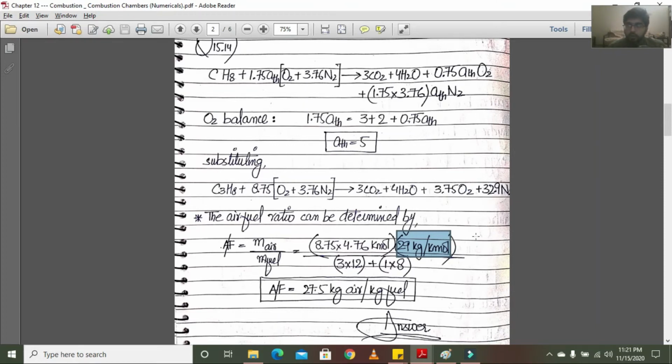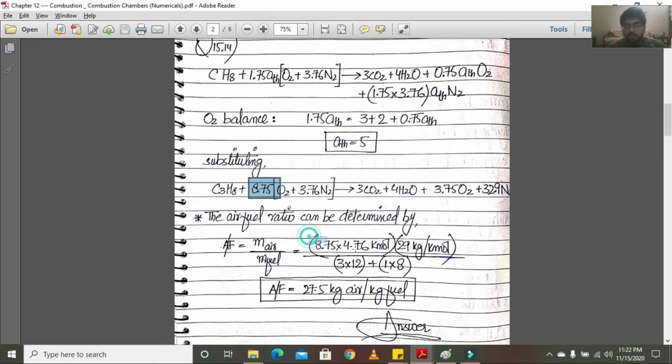Now in order to determine the number of moles, here you can see that I have 8.75 moles, and the number of moles present in the air comes out to be a total of 4.76 kilomoles, and when I multiply it with the 8.75, I get the actual number of moles of the air which is being utilized during this combustion process.